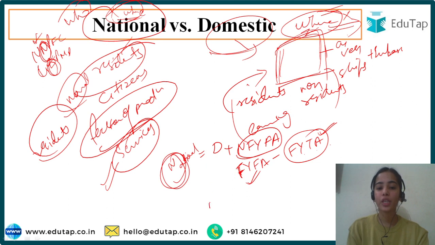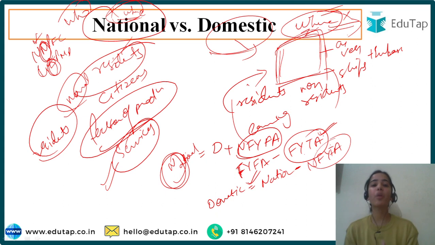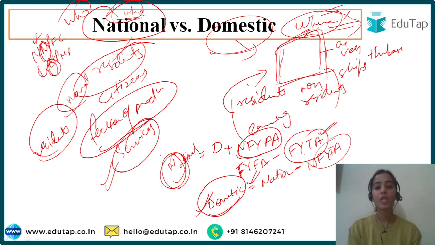If we are calculating the domestic from the national, we have to deduct net factor income from abroad, that is, what we have earned from outside. We cannot add what we have earned from outside in the domestic because we are talking about the domestic territory. So in the national, we add whatever we have earned from abroad, because our people, our factors of production, are earning it.